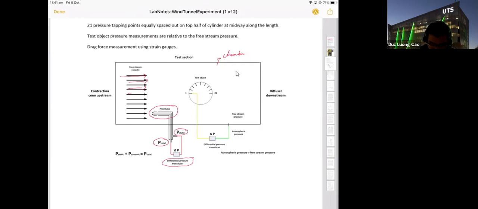As you know, the total pressure is equal to static plus dynamic pressure. So from this differential pressure transducer, delta P equals P total minus P static, which gives us the dynamic pressure.